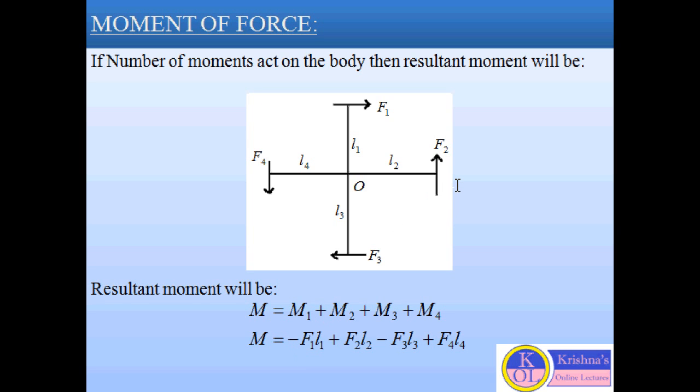For the second force F2, the moment M2 will be F2 into L2, and the direction here is anti-clockwise, so the sign will be positive. So here plus F2 into L2. For moment M3, the direction of force F3 is clockwise, so the moment will be minus F3 into L3.